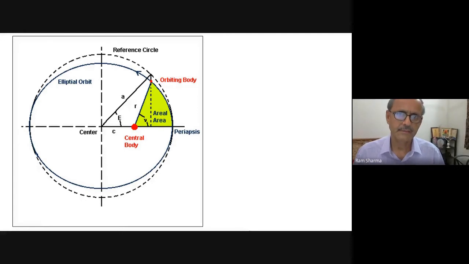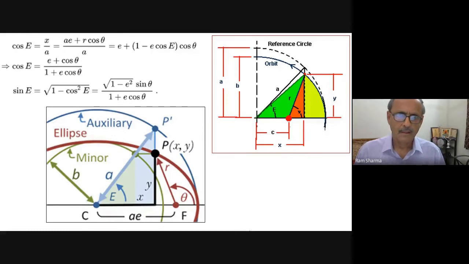Now you can see cos E when we write there. We can write x in terms of theta with little calculations from this figure. We can write in terms of the true anomaly, x = ae + r cos theta, divided by a.